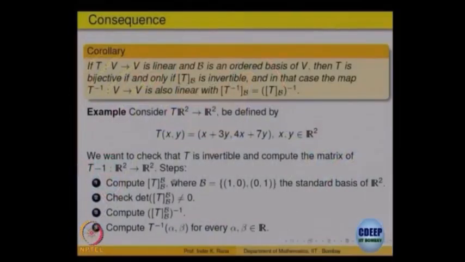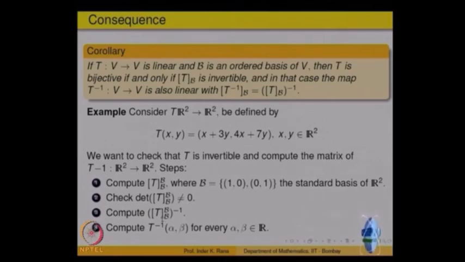So, let us just come back to our thing. The idea is to compute the matrix of T with respect to the given basis. Here it is B and B both, but you can have a different basis in the domain and in the codomain. Check whether the determinant is 0 or not. If it is non-zero, it is invertible. If it is 0, it is not invertible, and the problem is over.